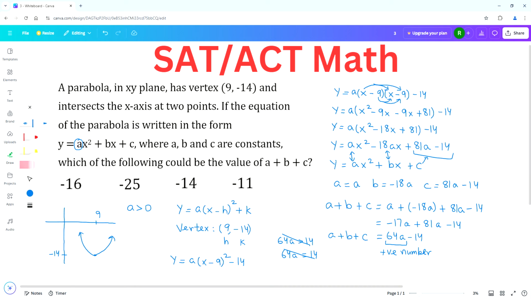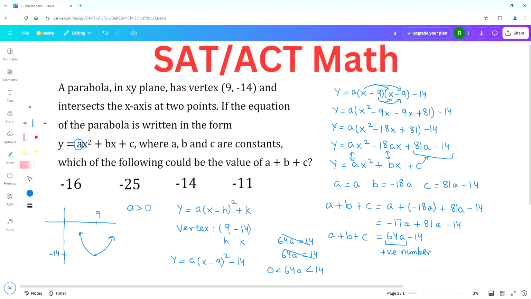The third possible scenario is that the value of the term 64a is greater than 0 and less than 14. Because the value of the term 64a has to be a positive value, it cannot be equal to 0 or less than 0.